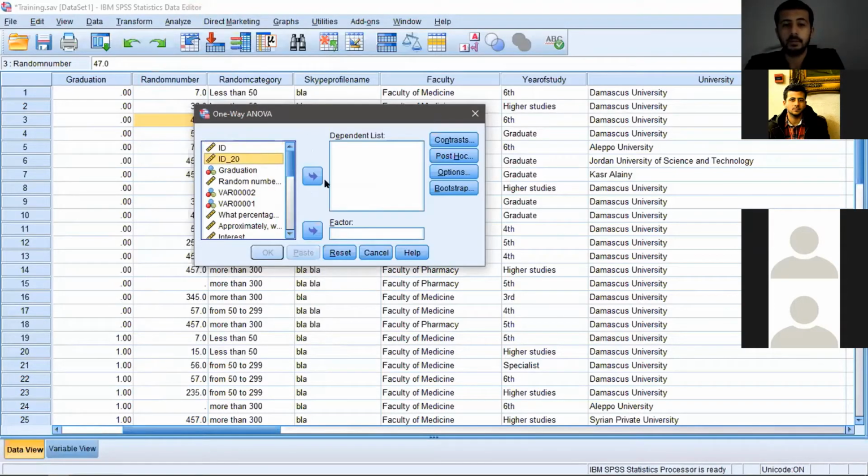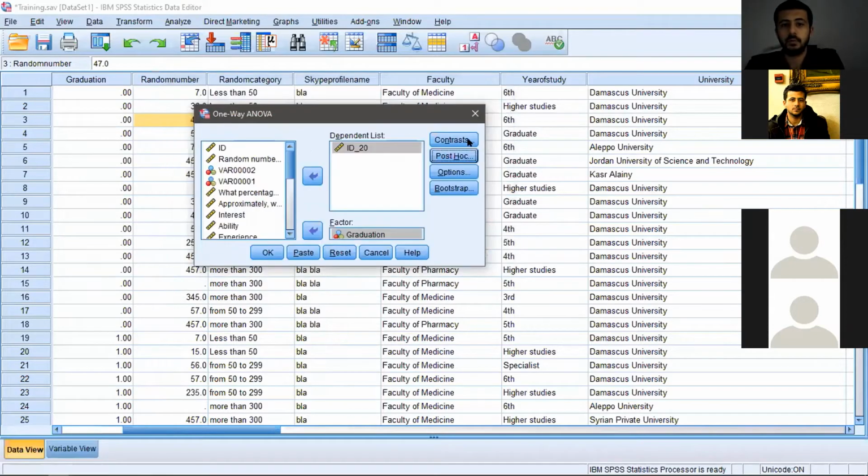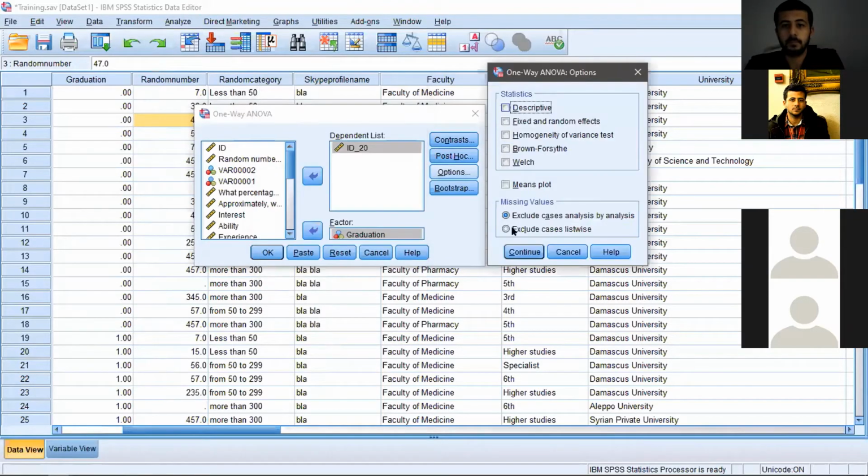I take the ID, for example, graduation as a factor for distribution. From the post-hoc, I take the Tukey test. Continue. Do we need anything else? Let's take the descriptive and means plot.